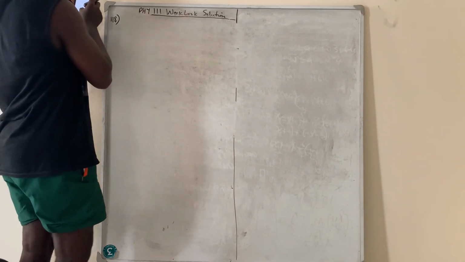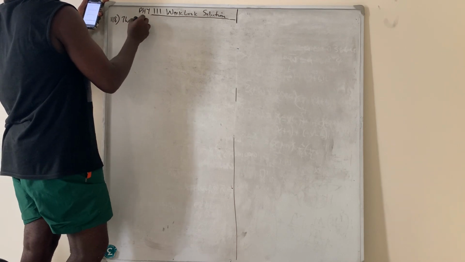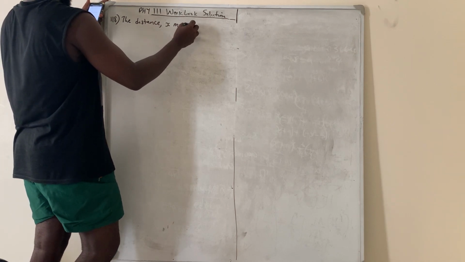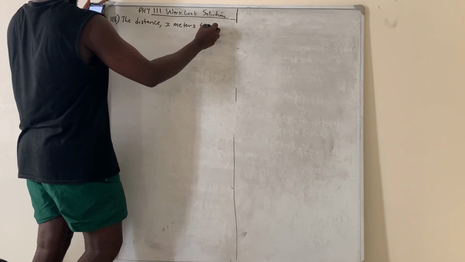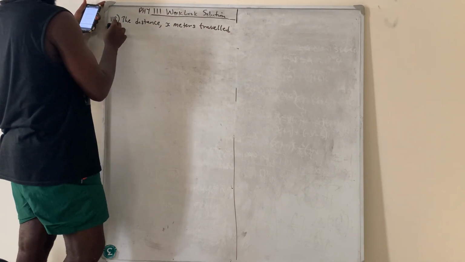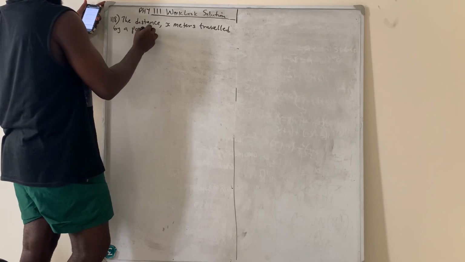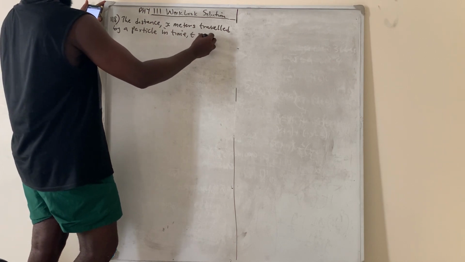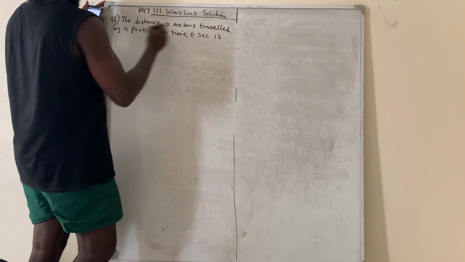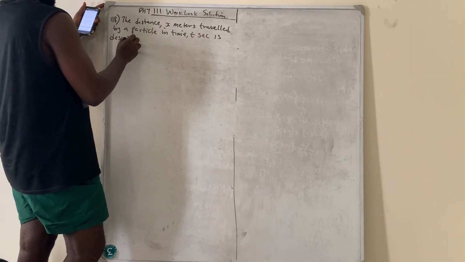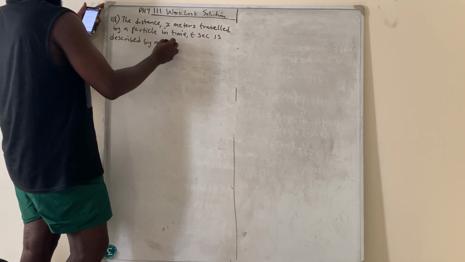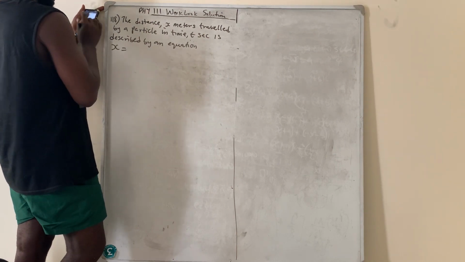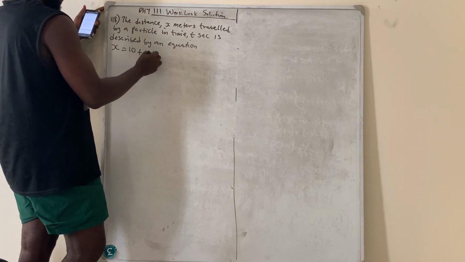The distance, x meters, traveled by a particle in time t seconds is described by an equation, x, which is equal to 10 plus 12t squared.